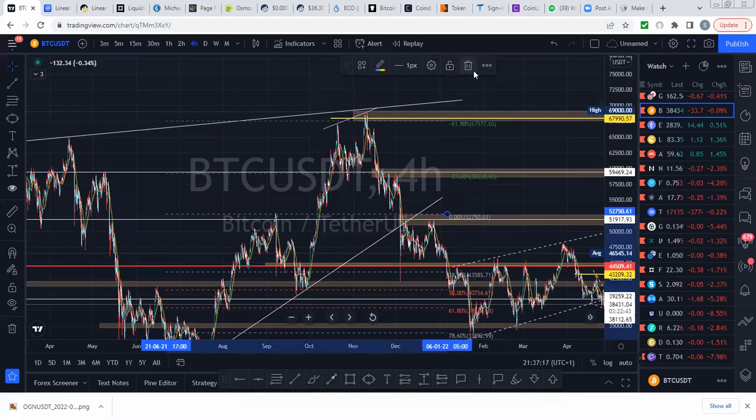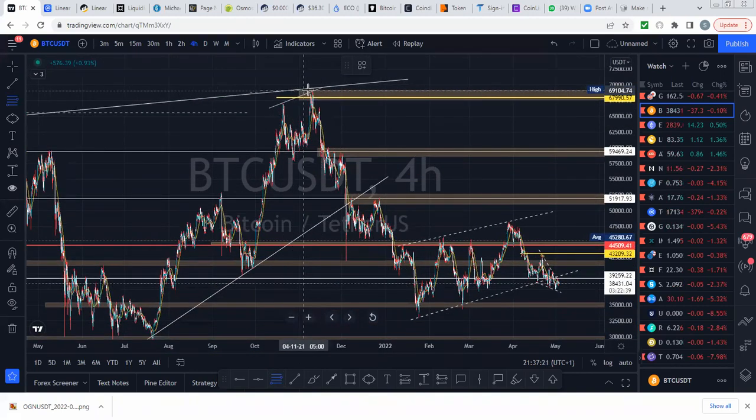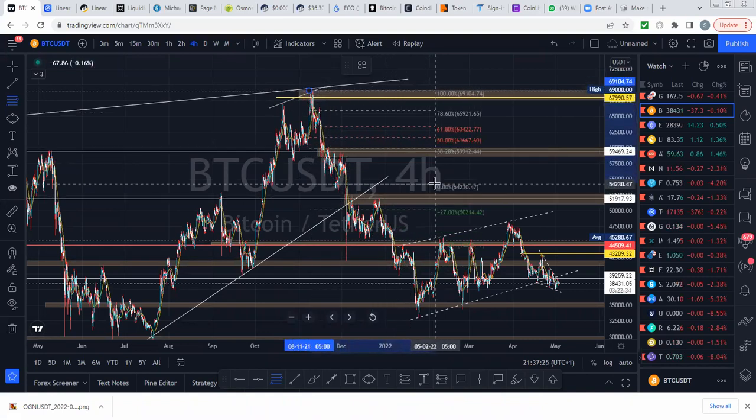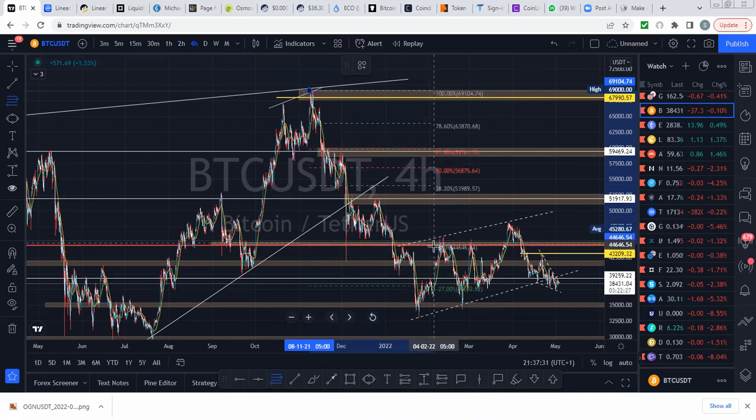Then on heading down, we move from here to what? Where is the last swing point?